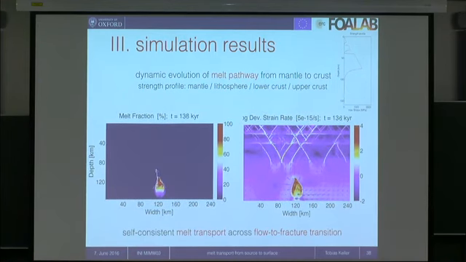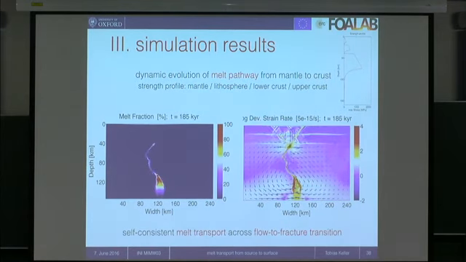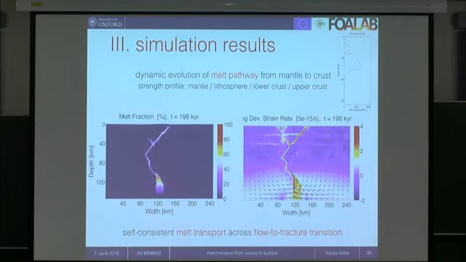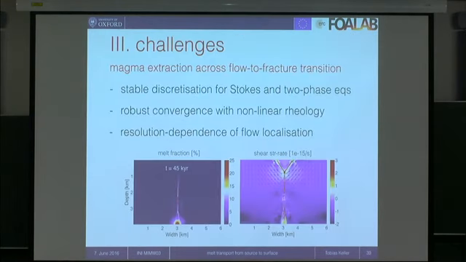And this fracture essentially is accumulating plastic strain, which is then leading to a linear reduction in friction angle. And so by the time that the melt arrives here, it finds this to be a weak spot in the lithosphere and therefore follows it. But in all the other simulations, like here, we have applied absolutely no strain weakening. So this is just an instantaneous failure of where the stress conditions allow it.